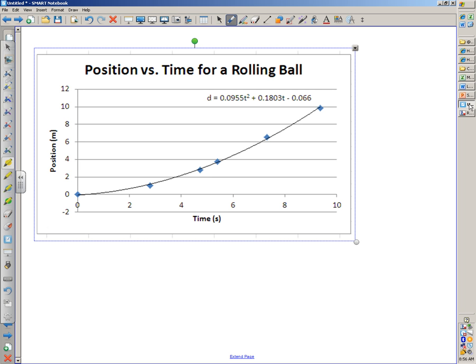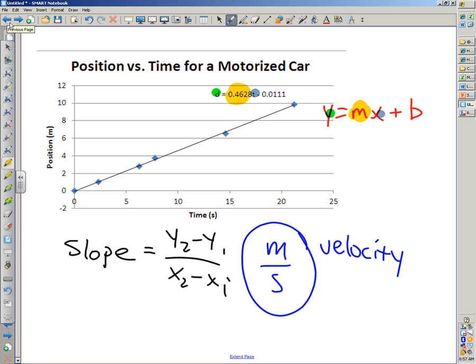But as we go farther, farther, farther, what's happening to my ruler? Steeper, steeper, steeper. Because what was happening to the velocity of this ball? Increasing. The name of your lab is position versus time graphs. It's looking at the analysis of this graph versus this graph and why the different motions produce the different graphs. Got it? Okay.